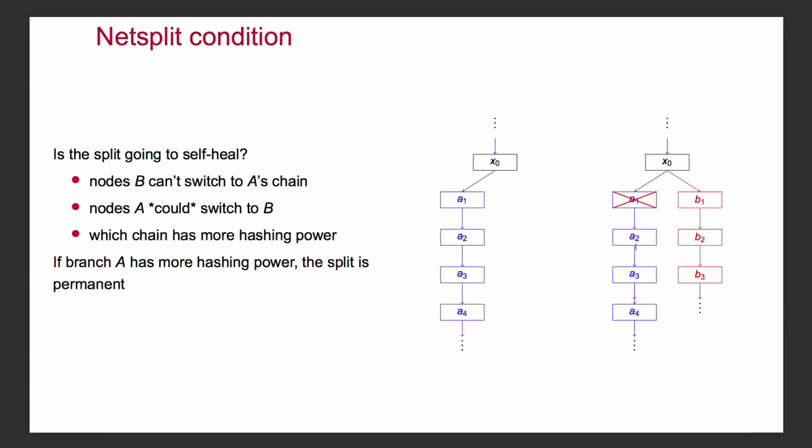However, nodes A could switch to chain B, because there's nothing wrong there. It's just the fact that chain A is stronger than chain B. So if there is more hashing power in chain B, then the situation will heal. If not, then the split will be permanent.